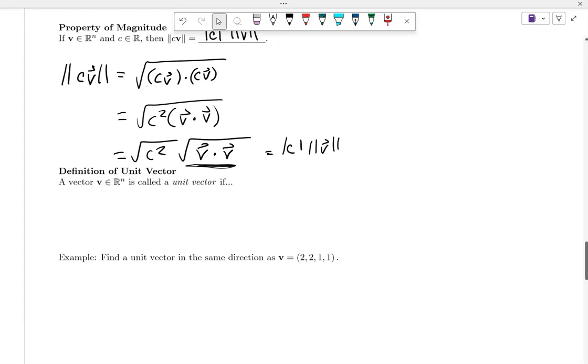What do you think it means to be a unit vector? Well, just in general, if it's going to be a unit vector, what should be true about its length? It should have length 1, right? Good. So a vector is called a unit vector if the magnitude of that vector is 1.